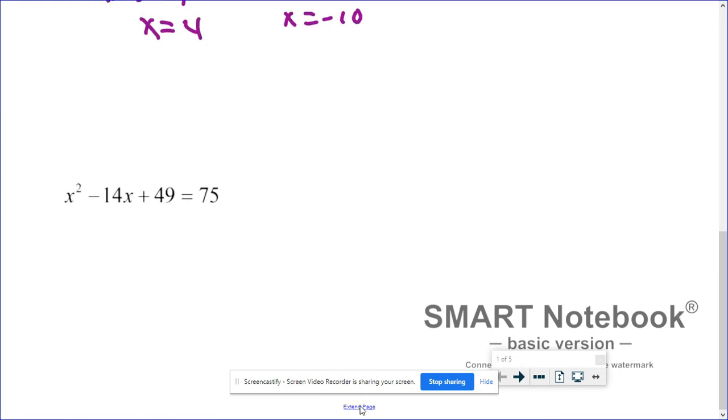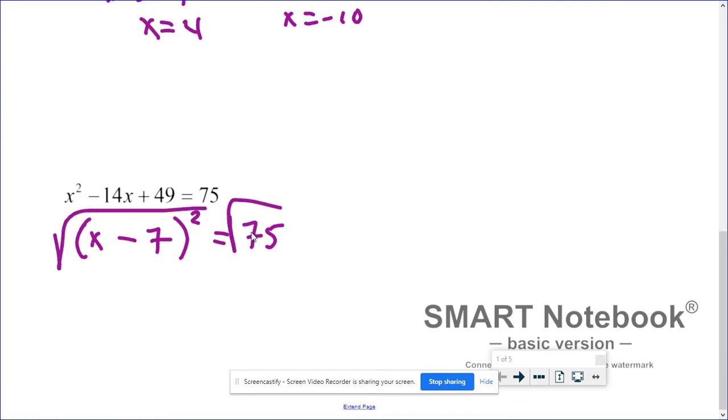So let's try that again here. Again, this is a perfect square trinomial. The square root of x squared is x, the square root of 49 is 7. Multiply them together, double it, you do get 14x, so you use subtraction, squared. So when you can factor it like that, then you take a square root of both sides. A little difference on this one: 75 is not a perfect square, but it does have a square factor, which is 25.